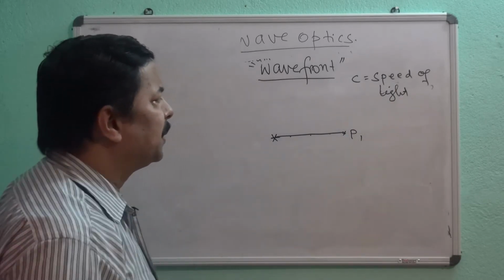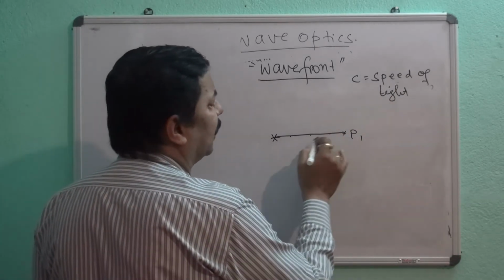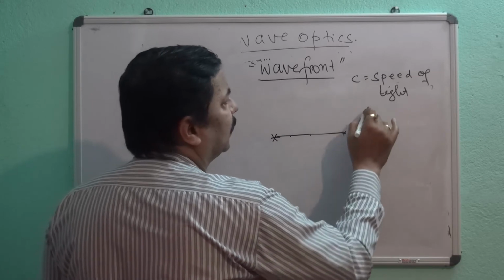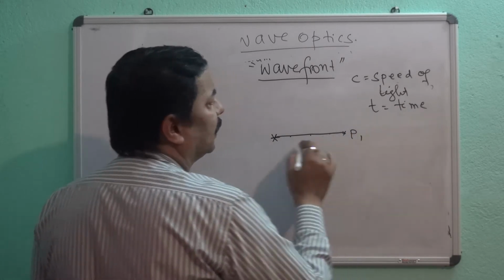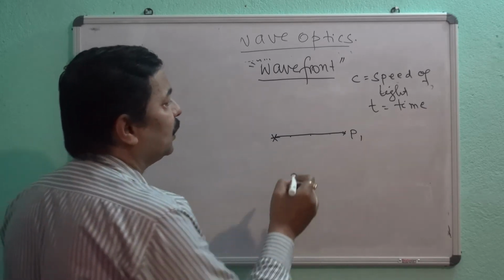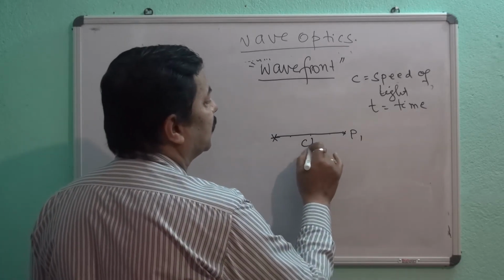If c is the speed of light, then after time t, the wave has reached here. So this distance will be ct.